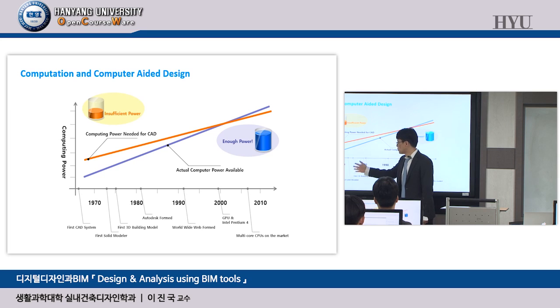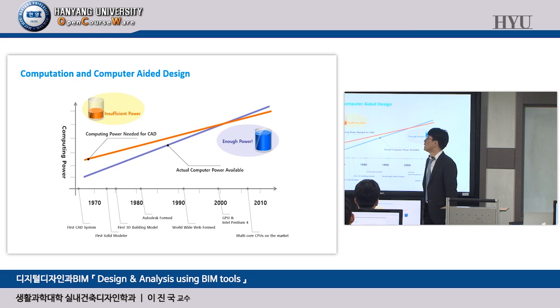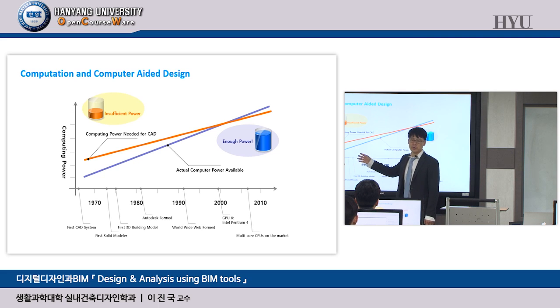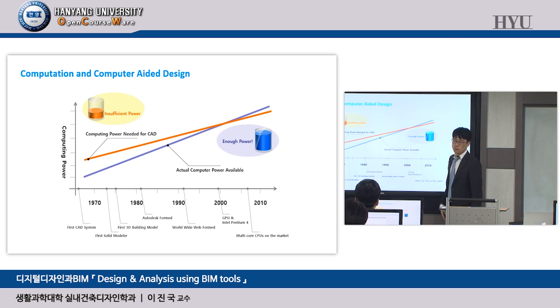Anyway, in the early phase of CAD systems, even the first 3D building model was formed in the middle of the 1970s. At that time, personal computers were not available, okay? But nowadays, your laptop, my laptop, is able to run Revit without any problem, okay?